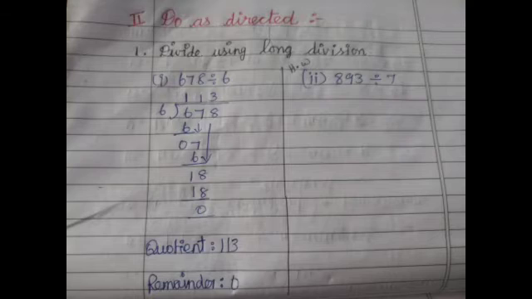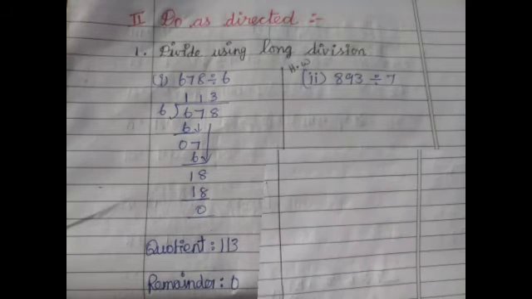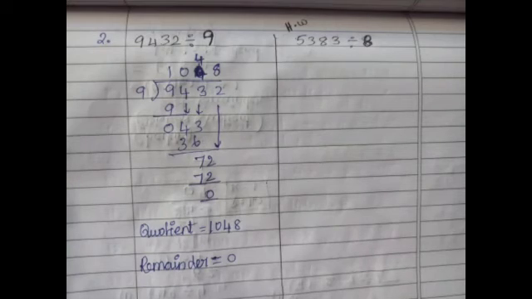Remainder is 0. Similarly, one more sum is given for you. You have to do it, children. Now the 4-digit number division, 9432 divided by 9. So the first number, 1-digit number, we can take. In 9, 1 nine is 9, 9 minus 9 is 0. Next bring down the next number 4. 4 is smaller than 9, so you have to put a 0 in the quotient and bring down the next number also.